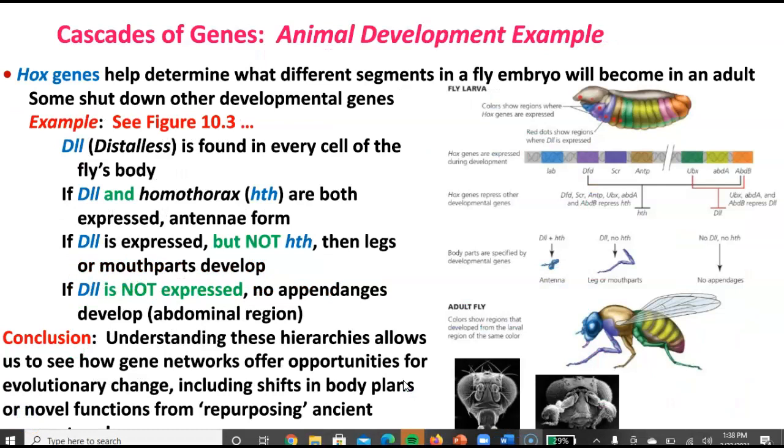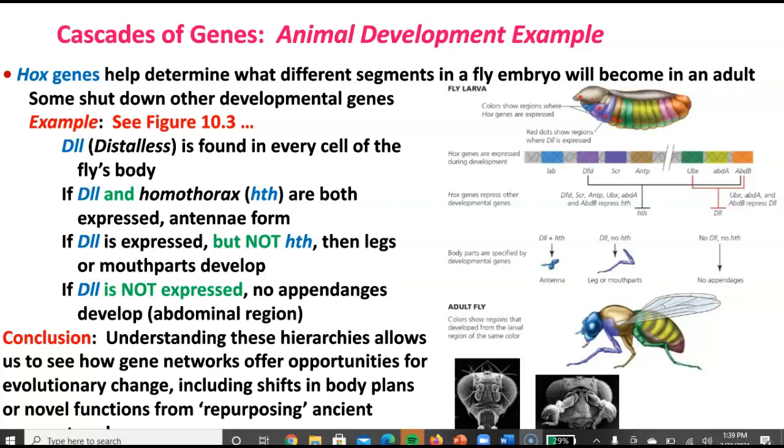So still on the subject of the cascades of genes that are responsible for these complex adaptations, let's look at an animal development example. You know about Hox genes.